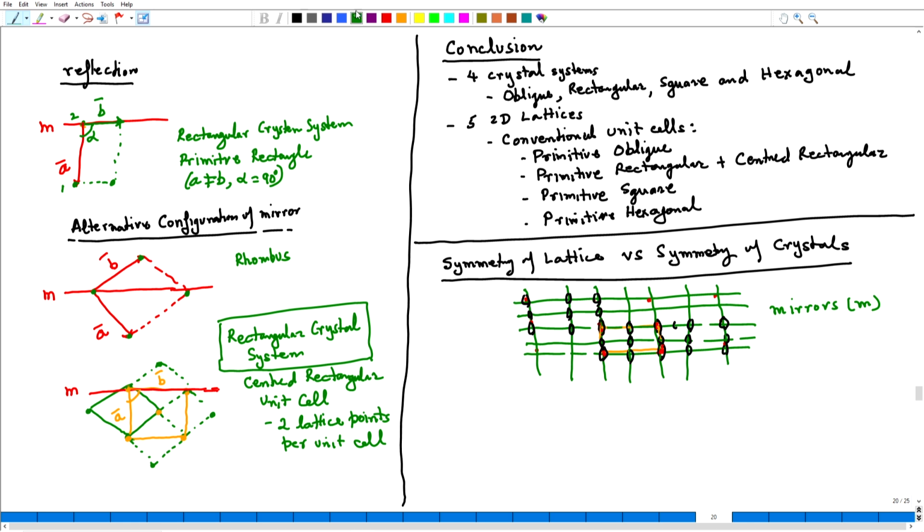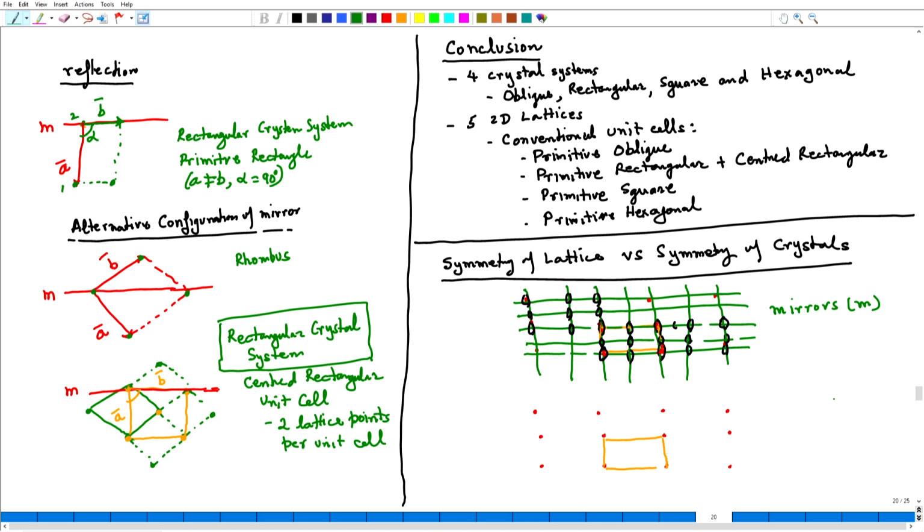So, what I will do first is I will redraw this lattice, and select the unit cell, and let me add now a motif of the kind which has only reflection symmetry.